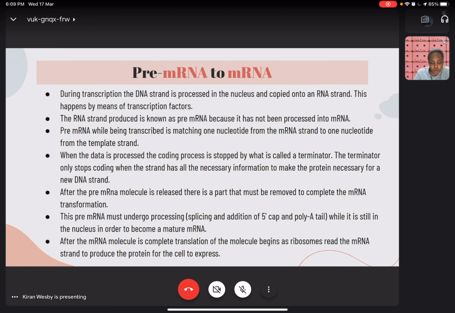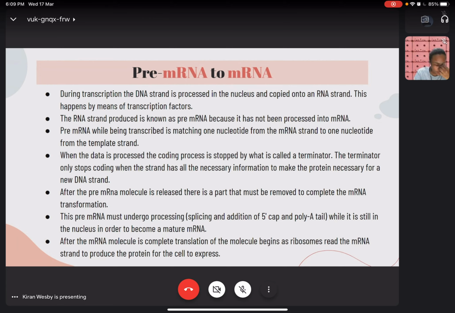So when you have your terminator and you're stopping your transcription, there are three things that need to happen in order for your pre-mRNA molecule to evolve into a mature mRNA molecule. When you have your pre-mRNA molecule, you have your normal strand with all of the parts that it needs, it doesn't need, and it's lacking some.